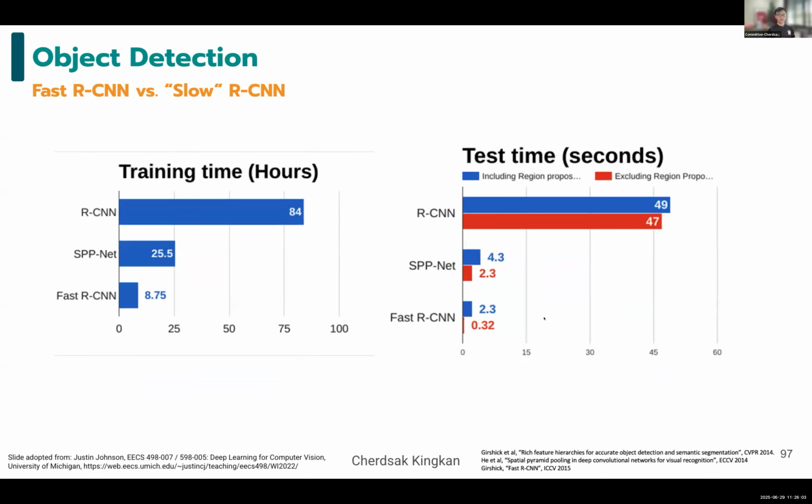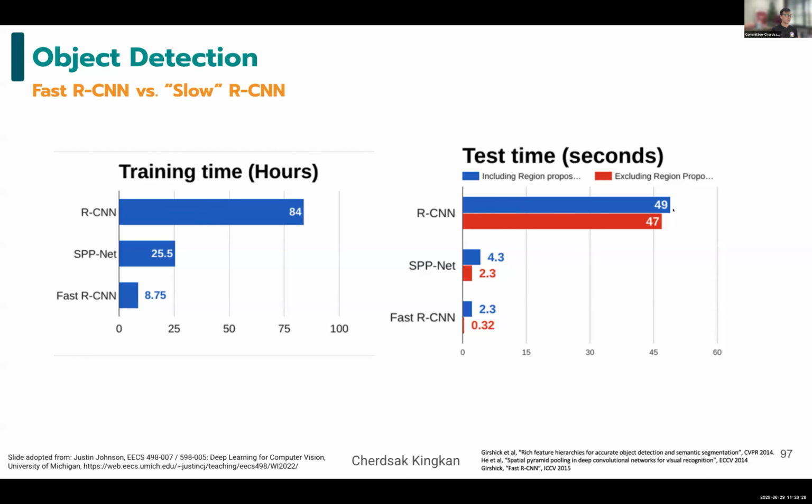If we compare the performance of fast RCNN and slow RCNN, you can see that fast RCNN is faster. It is almost 10 times faster than the RCNN in the training period. And in the testing period, it's improved very much, right?